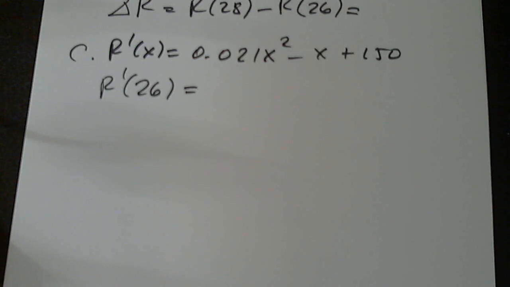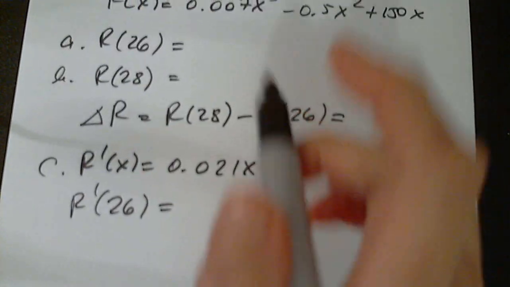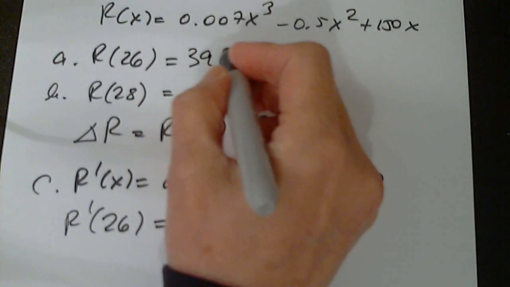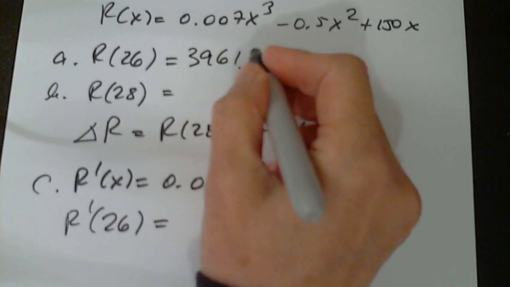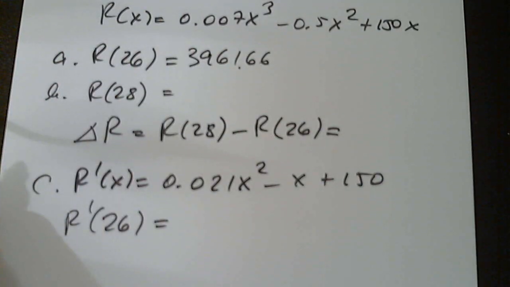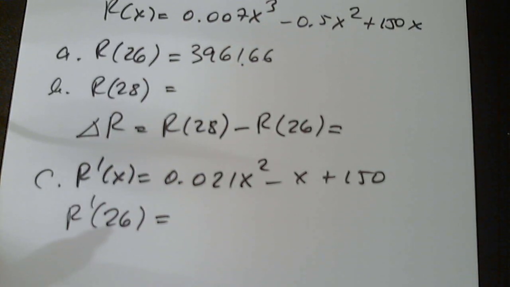Always go back and highlight to make sure. The first one is 3685, and I'm sorry, I meant 26 and 28. How did I come up with 29?